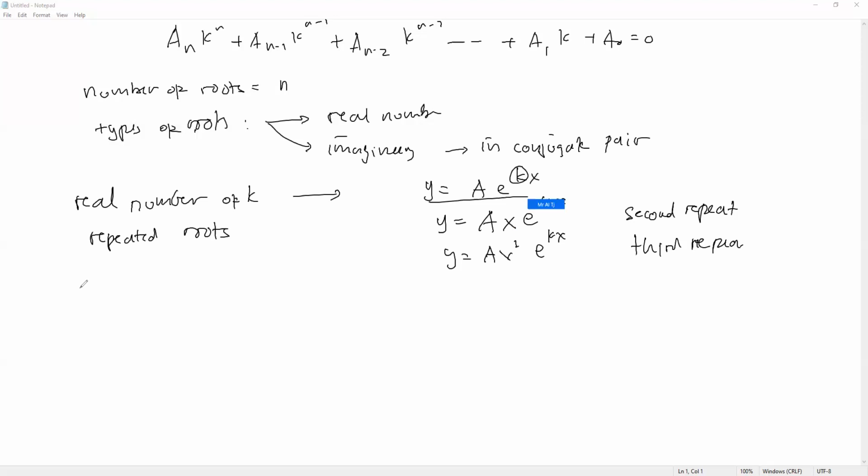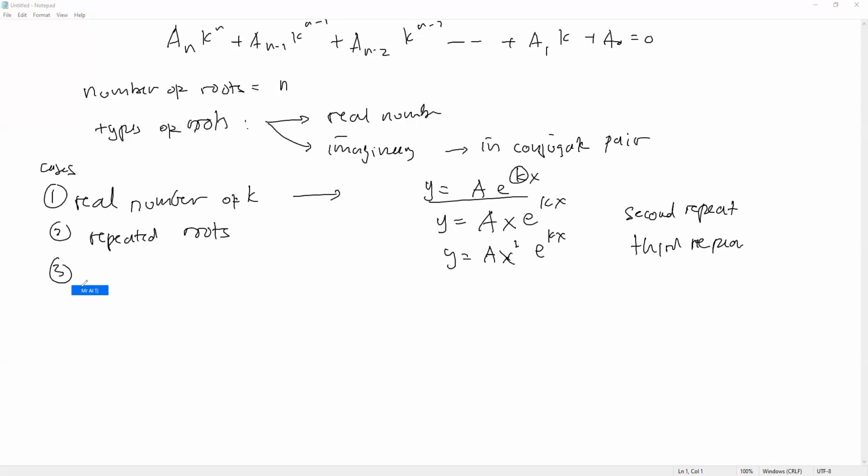The second repeat, third repeat, etc., we're going to multiply this with a factor of x. x to the power of 1 for the second repeat, x to the power of 2 for the third repeat, etc. The main part, e to the power of kx times a, is still the same. So this is the first case here. We have real numbers, and then we have real numbers but repeated roots.